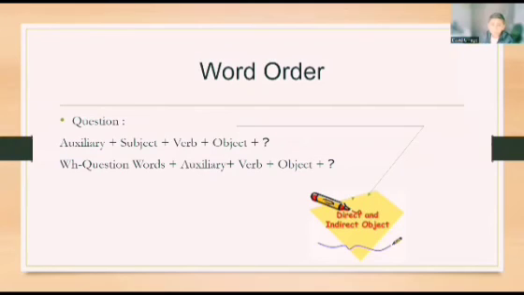It could be the object that you want. And with the WH question words, it could be: who is calling your mom, for example, or where is your brother, for example, too.